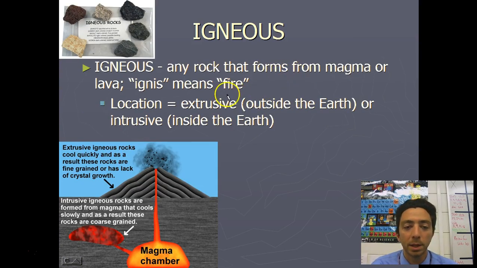An igneous rock is something that forms from cooling magma or cooling lava. And so for an igneous rock to happen, you either get magma erupting out of the volcano and cooling on the surface, or you get magma pooling in one of these chambers and cooling and turning into a rock.